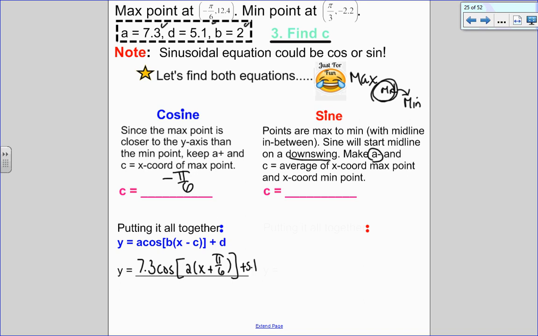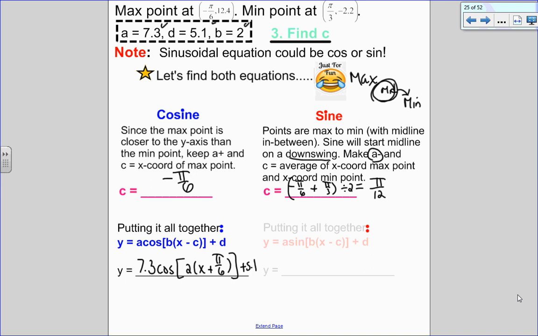And then C is just the average of the x coordinates for the max and the min. So my max x coordinate is negative pi over 6. And I'll add that to the x coordinate of my min point, pi over 3. And then I'll divide those by 2. So if you put those into your calculator, just take pi out and put pi back. I would go negative 1 over 6 plus 1 over 3 divided by 2, and you're going to get 1 over 12, and then throw pi back in. So remember, take pi out, put pi back.